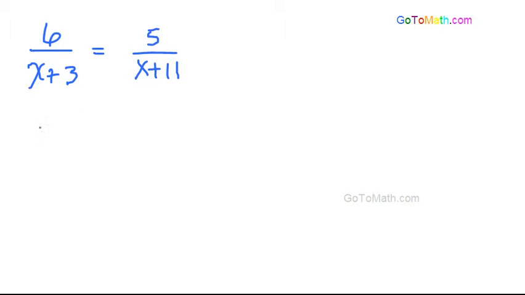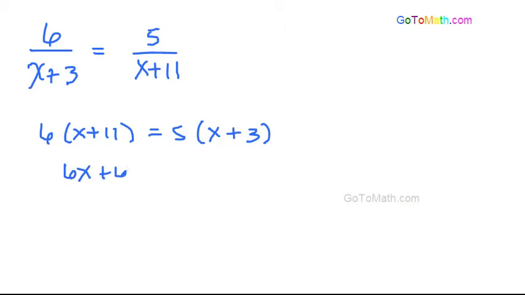So let's take this x plus 11 up here to the top. And we're going to take this x plus 3 up also. Distribute that 6x plus 66, and 5x plus 15. Right, so we want to take this 5x over to this side and the 66 over here.